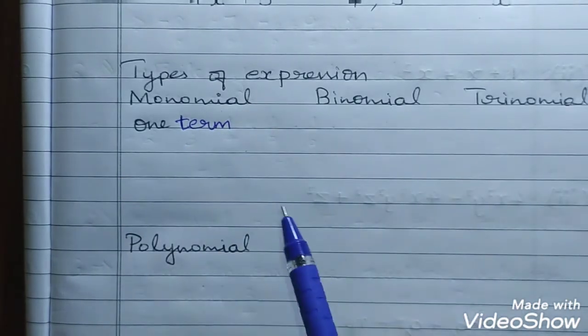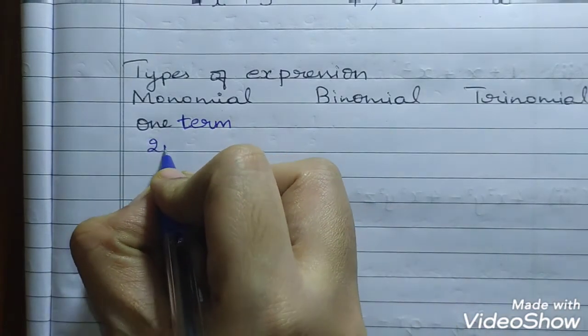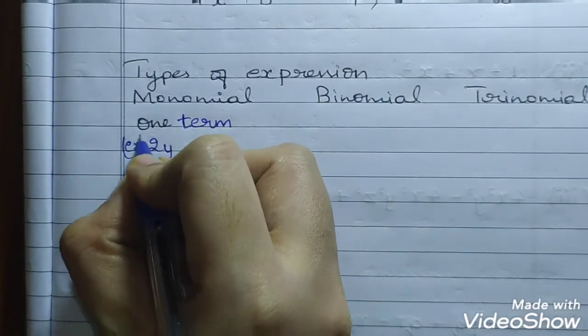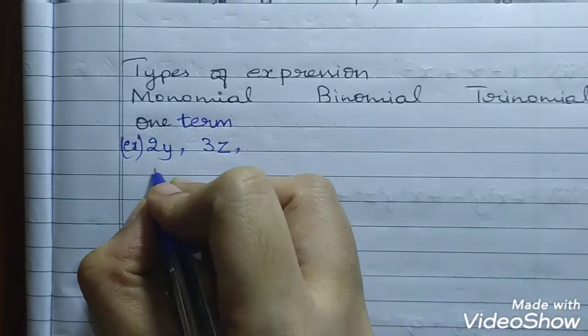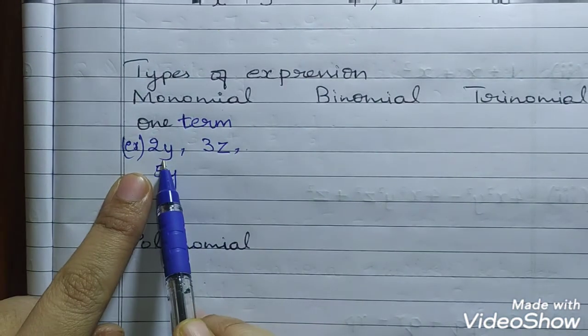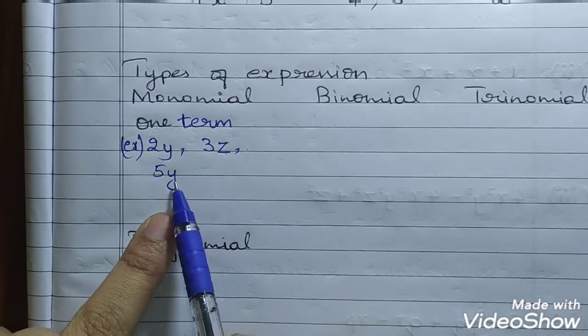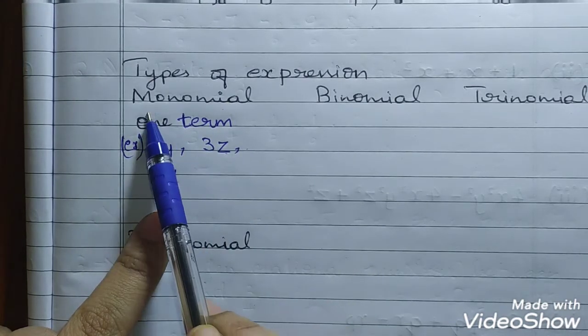Example: 2y, 3z, 5y. Okay, all these have only one term. 2y only one term, 3z only one term, 5y only one term. So if only one term is there, then it is called a monomial.